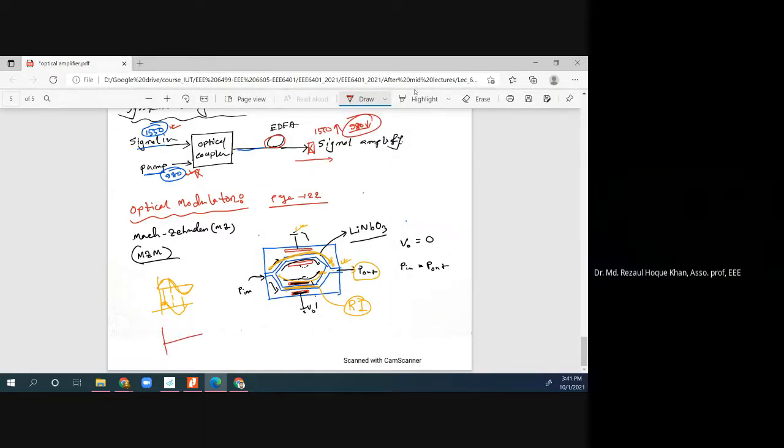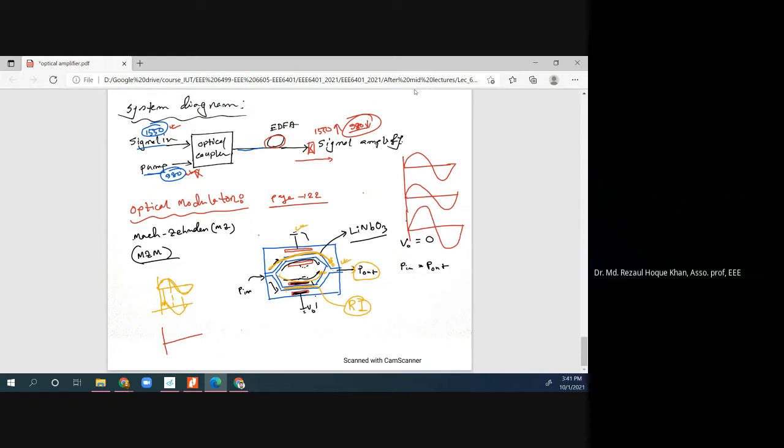If there was no voltage applied, the signals were the same, and the output intensity will be higher, same as the input. Now the intensity changes. When this equals this, constructively, this is the intensity.